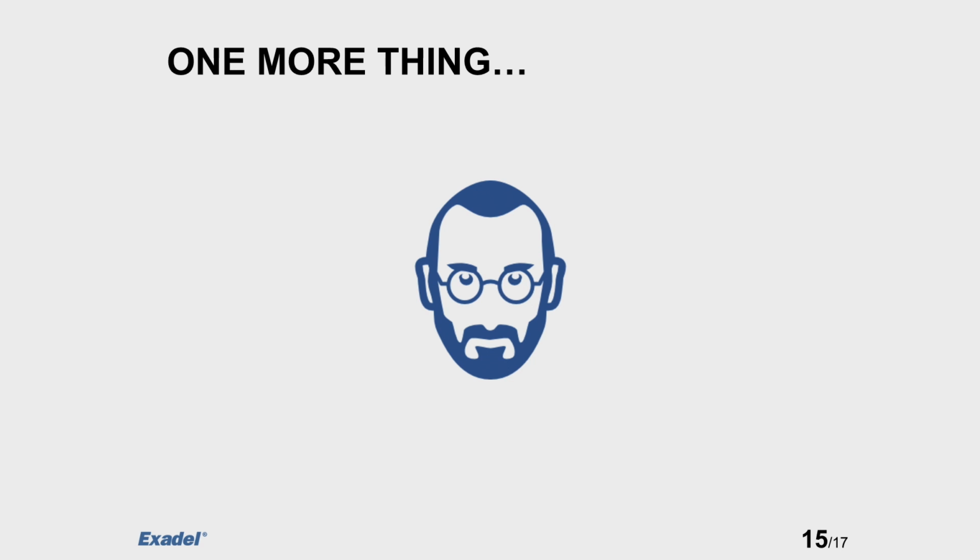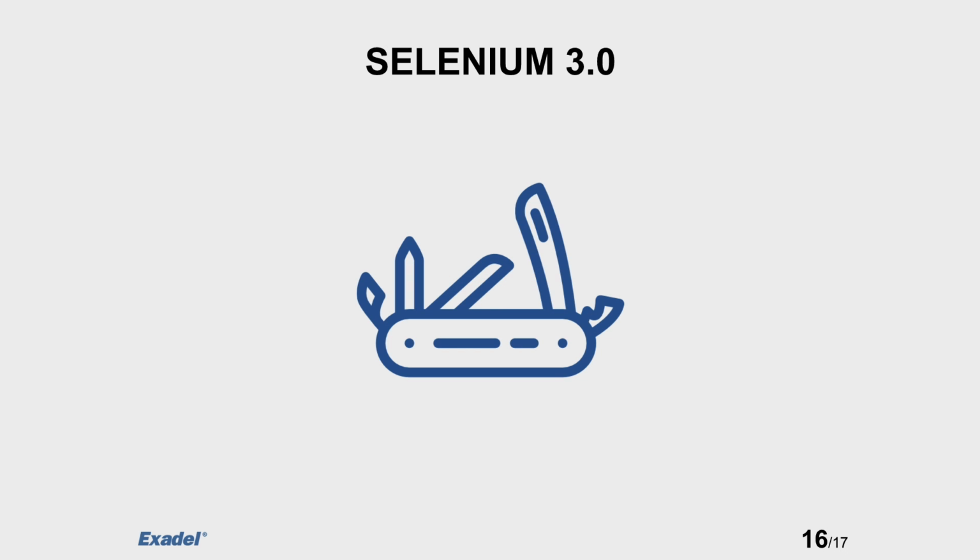And one more thing. It is expected that Selenium 3 will be introduced pretty soon. The aim for the Selenium 3 is a tool for the user-friendly automation of mobile and web apps. What does this mean?